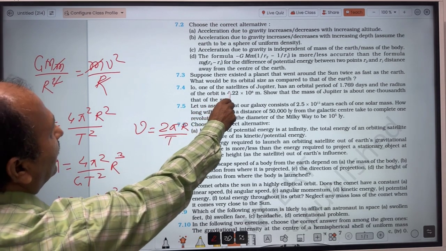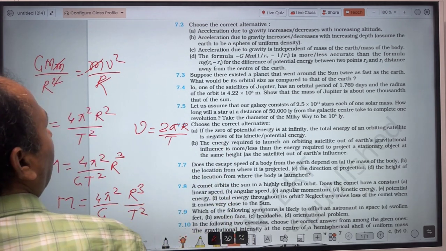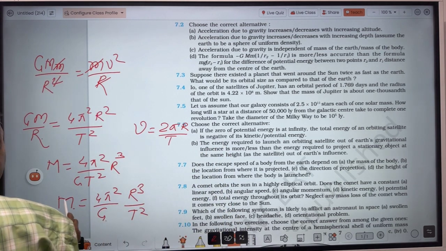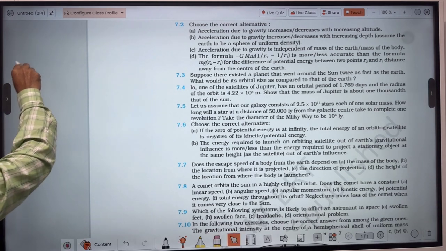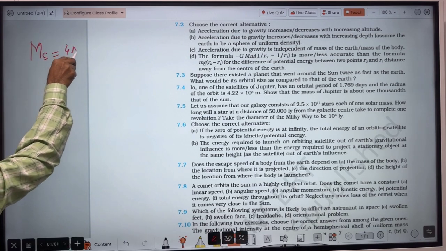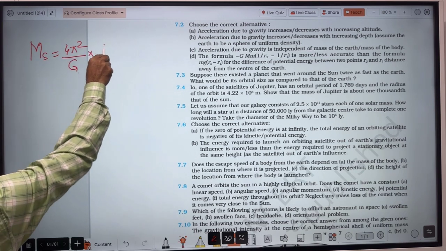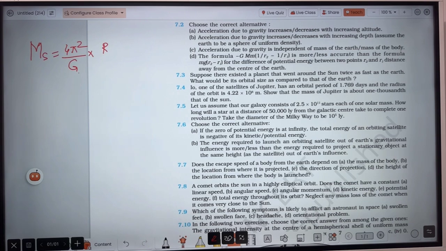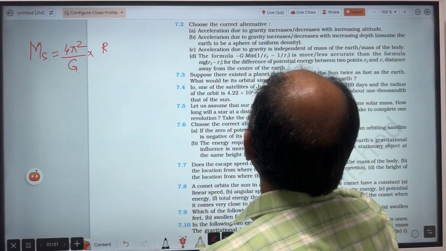We will consider two cases. One, the satellite of Jupiter, to get mass of Jupiter, and then we will make use of the Earth and the Sun also, and we will see how they are related. So let's write mass of Jupiter: 4 pi square divided by capital G times r, this distance, which is given as 4.2 into 10 power 8.